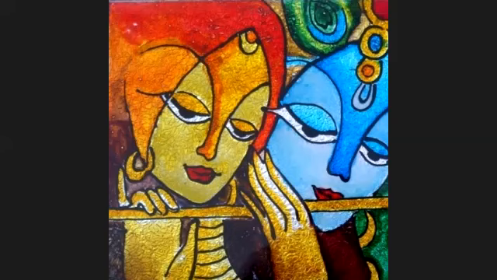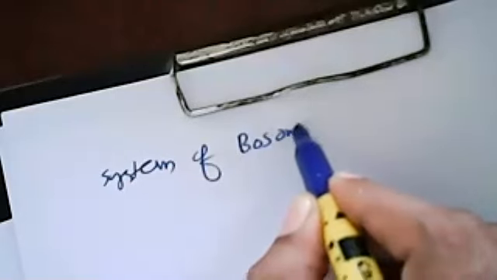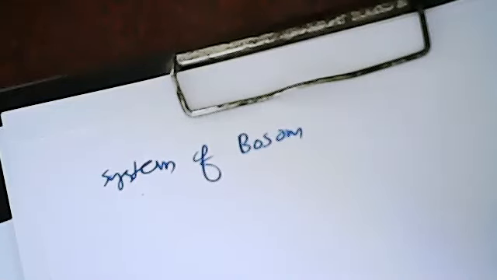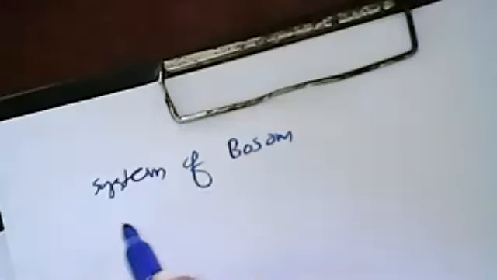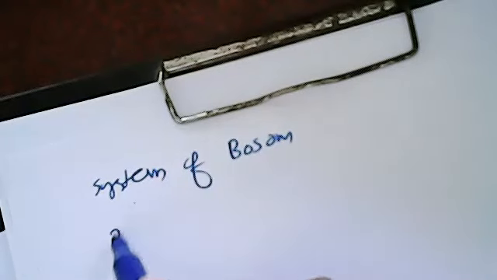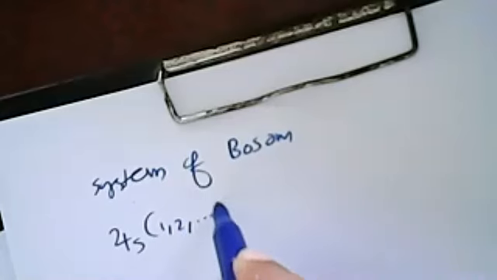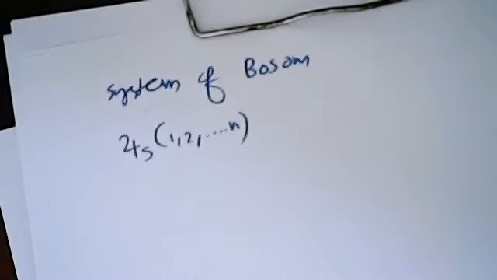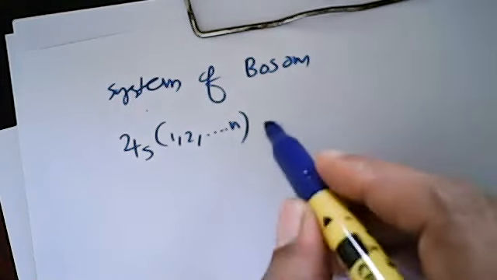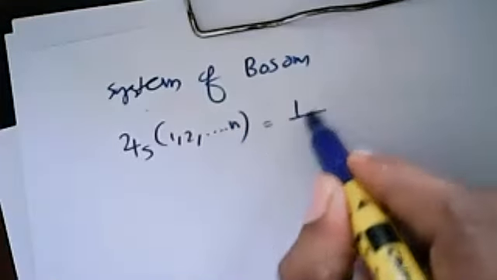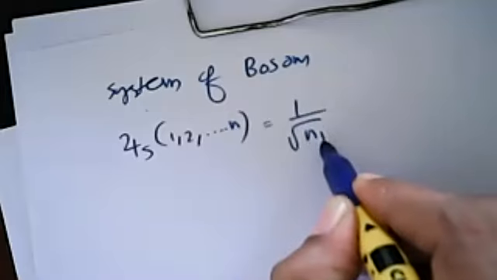Now you consider the system of bosons. Okay. The wave function, in that case, you cannot write as a determinant. So in that case you can write it as a symmetric wave function, 1, 2, 3, etc., up to n particles. Again you can write this as 1 by root n factorial.